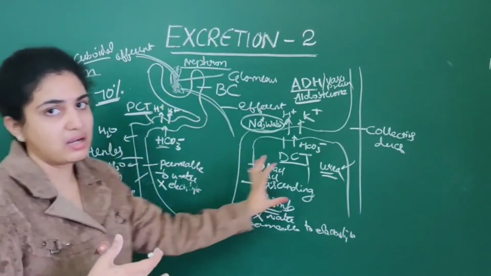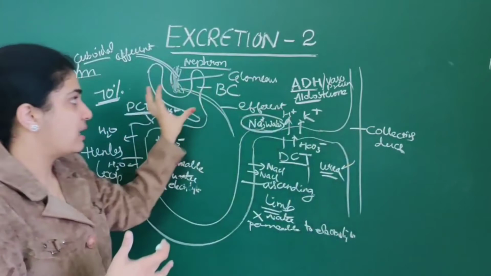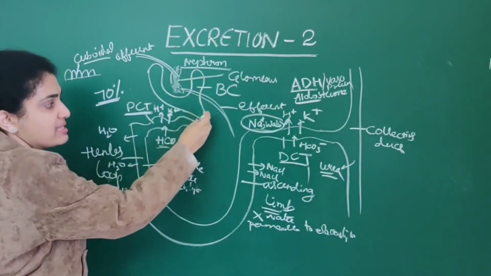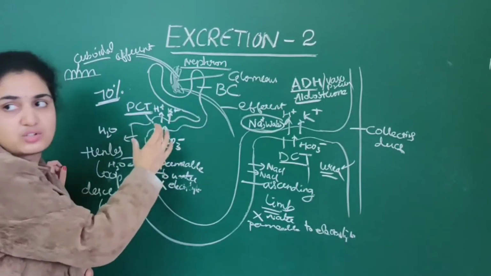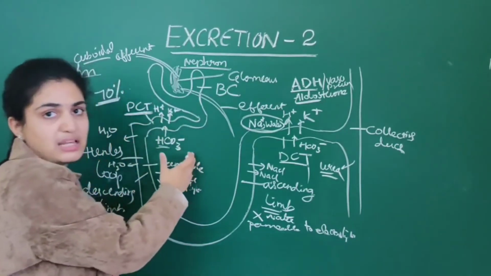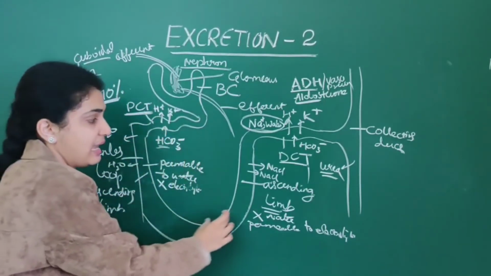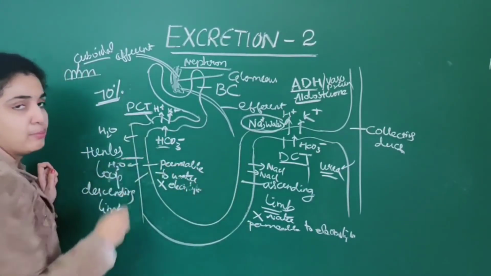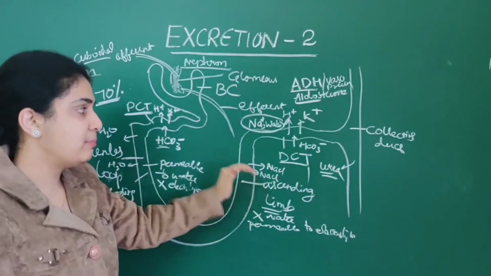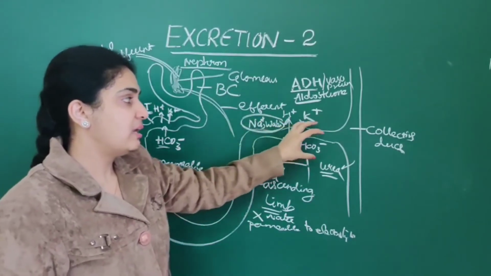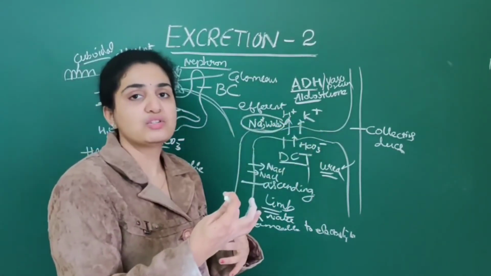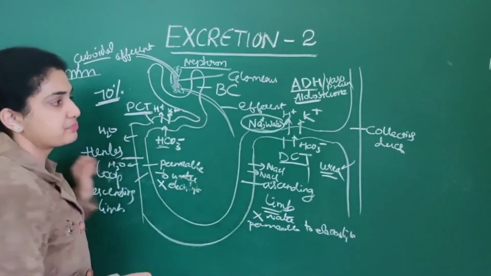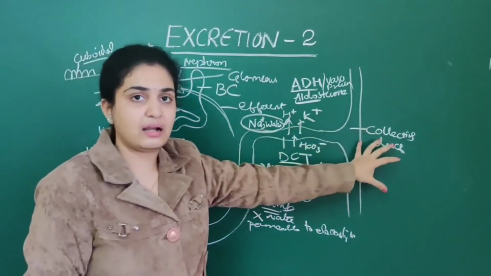You all know the parts of the nephron first. That is, the glomerulus is surrounded by Bowman's capsule. Then the highly coiled structure that comes is the proximal convoluted tubule. Then the hairpin bend loop, that is the descending limb of the loop of Henle and the ascending limb of the loop of Henle. Then again highly coiled structures will come, that is called the DCT as well as the collecting duct.